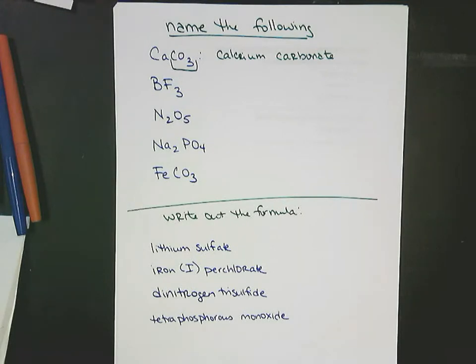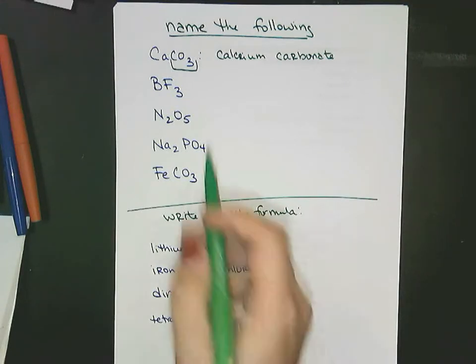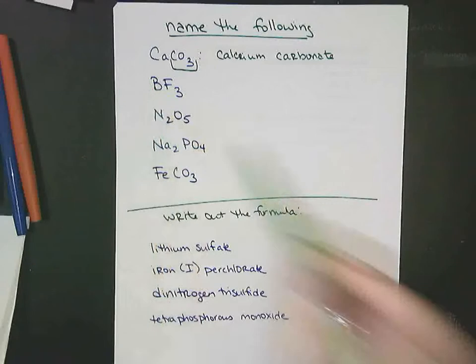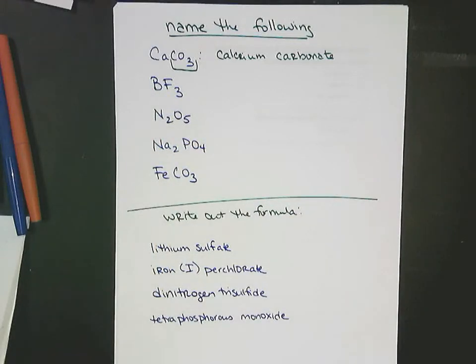Mm-hmm. So then there's no Roman numerals. There's no Roman numerals if it is not a transition metal. So only these guys in the middle here need to have Roman numerals. Like aluminum. I don't have aluminum on the test because it is technically a transition metal, but it's kind of confusing because it's underneath the stair steps.